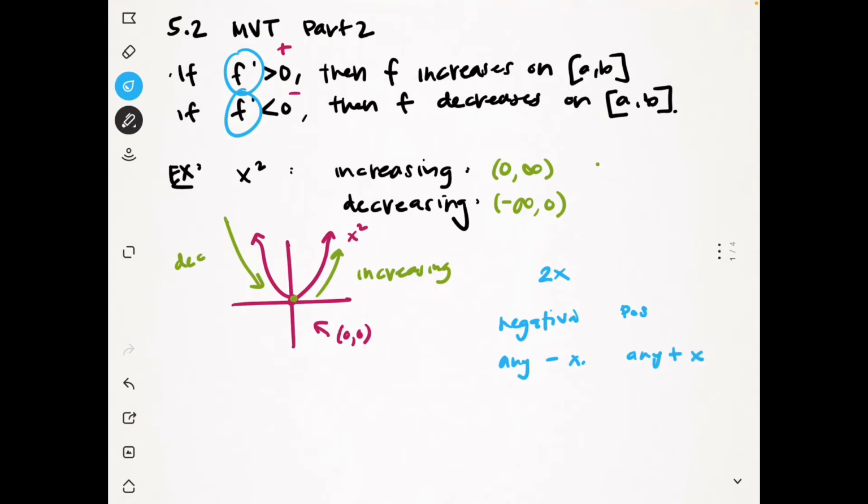Because if I plug in a negative, we always come out with a negative. If I plug in a positive, we always come out with a positive. A 0 is neither, because it's not positive or negative. So that verifies that the derivative tells us about where we're increasing or decreasing by its sign.